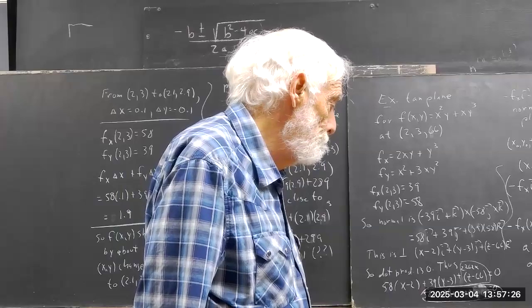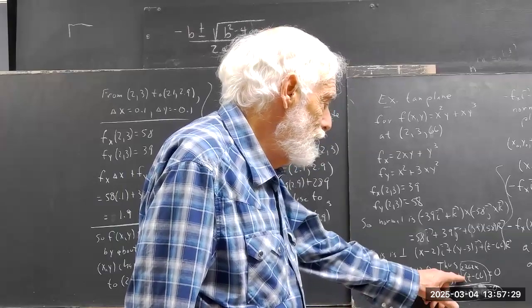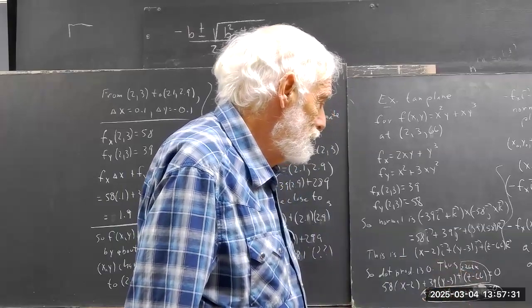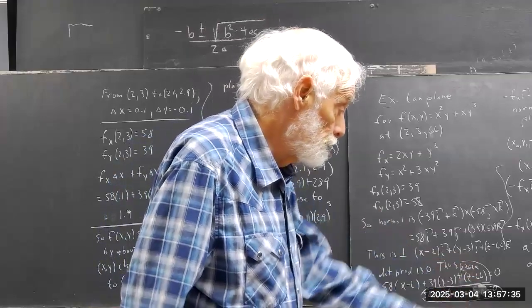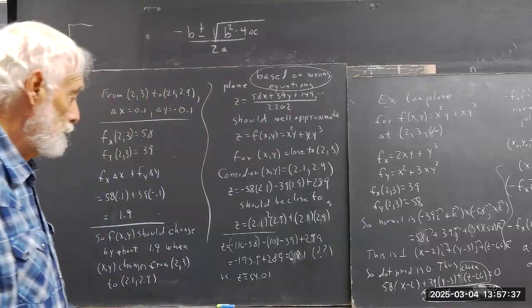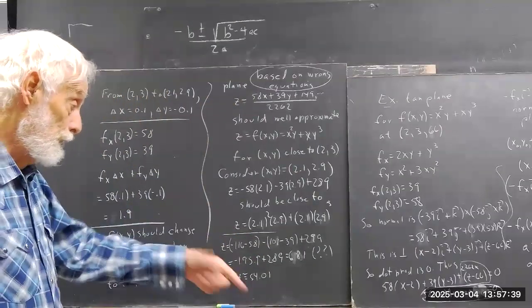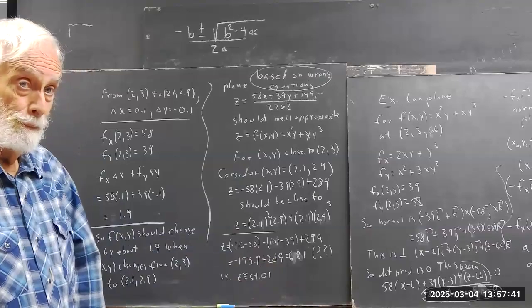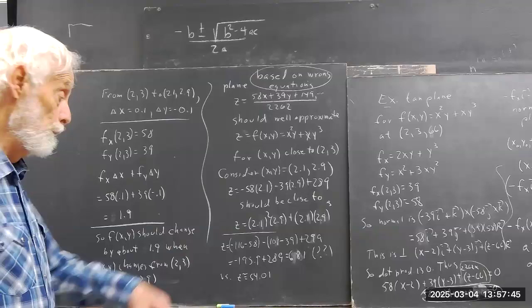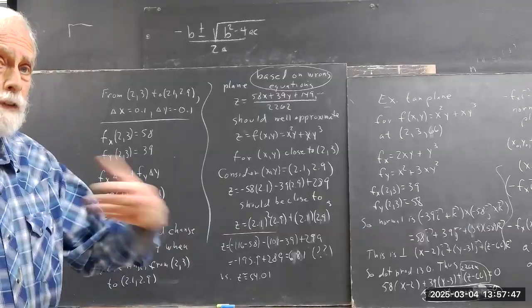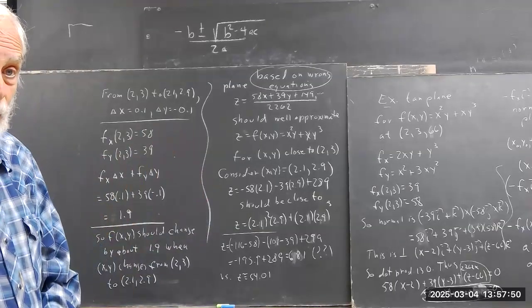And none of this changes when x and y change, because none of this depends on x and y. So this will, I think, probably come out about 65.9. Again, if you use the right numbers, and it's worth working that out or working out something equivalent in the homework.